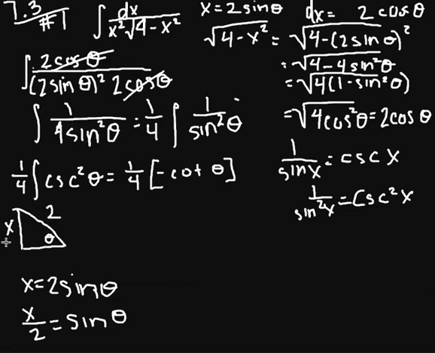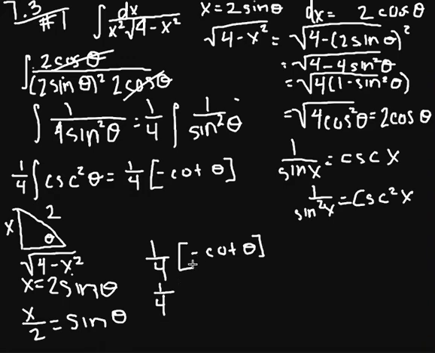Now, by the Pythagorean theorem, we'll get 2 squared and x squared, and this side is going to equal the square root of 4 minus x squared. So now we have our theta and we have all three sides, so we can actually find out what cotangent of theta is. So what we're going to have is 1/4 times negative cotangent theta. So cotangent is adjacent over opposite.